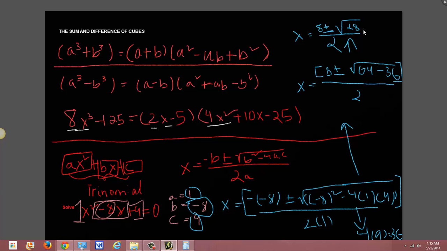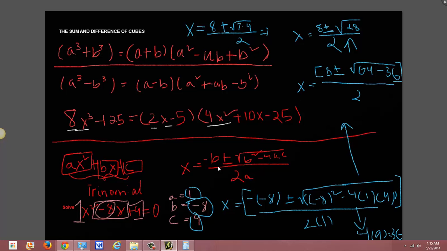What is the greatest perfect square factor of 28? Let's think. 7 times 4? Yes, because 4 is a perfect square. So that equals 7 times 4 over 2, and the square root of 4 equals 2.